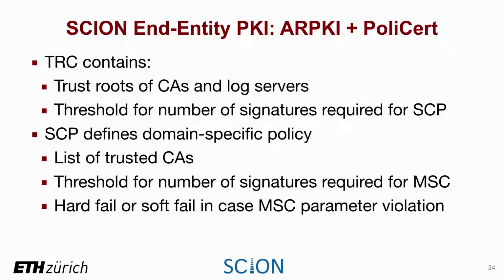So for instance, one ISD can say every SCP has to be signed by at least 2 or 3 different root CAs. And then the SCP defines a domain-specific policy, which can list the trusted certification authorities, the trusted CAs, within the given isolation domain, and also a threshold number of signatures that are required to create an MSC.